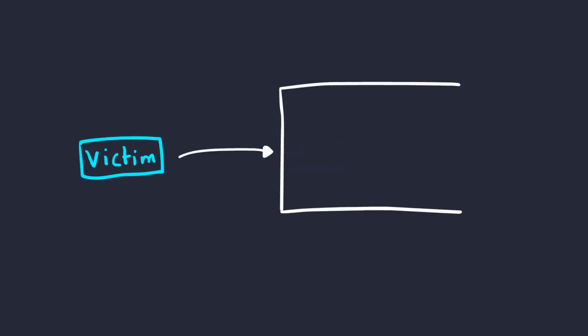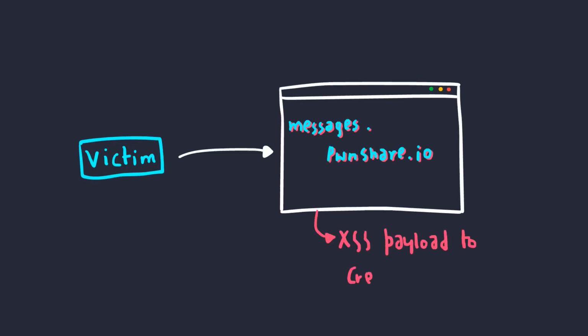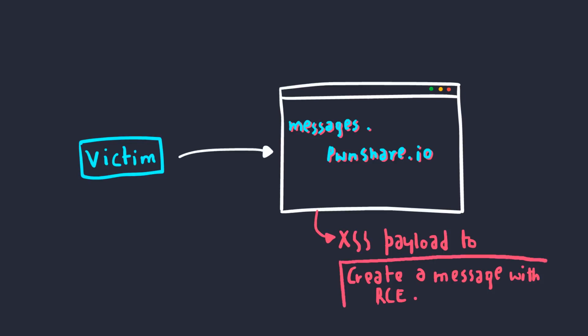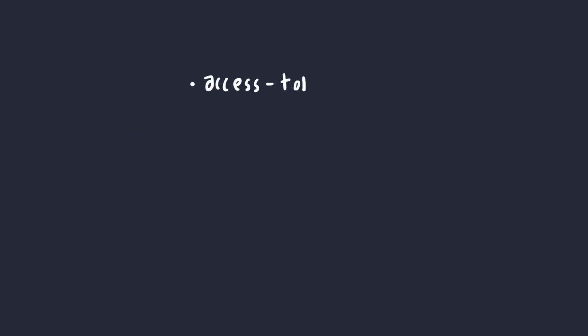First, when the user visits the shared message containing the malicious code, the XSS gets triggered. However, as the request originates from the browser, we can only have access to the victim's session through JavaScript. Now, in order to create another message containing the actual RCE, or remote code execution, payload, we need a few key pieces of information, like for example the access token, client token, UID, and GUID.